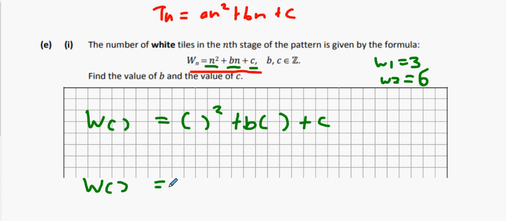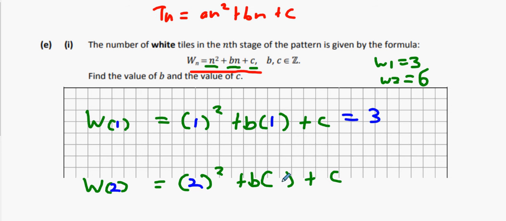What do I put into the brackets? Nope. I put 1. And then because I use 1, the answer is 3. And because I use 2, the answer is 6. W2 equals 6, W1 equals 3. It matches the description. Okay?